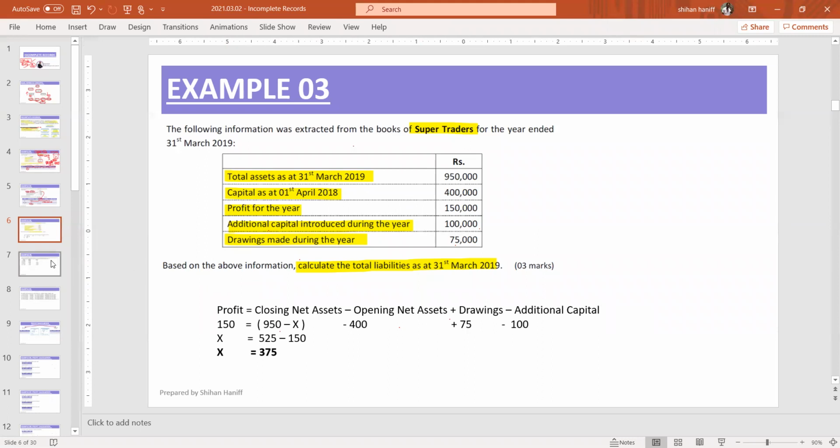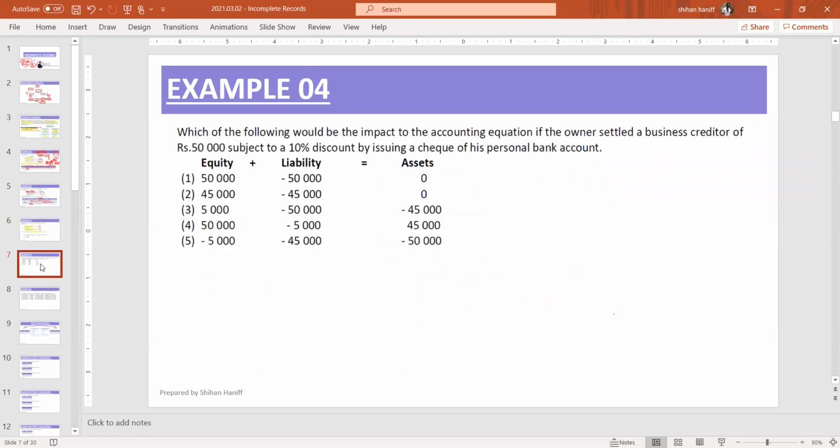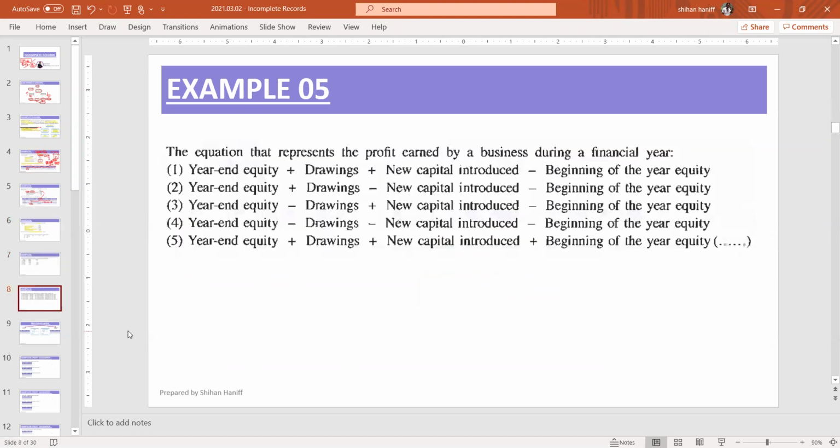So that's example 3. Let me know if you have any questions up to this point. Right. Now let's move on to another question.